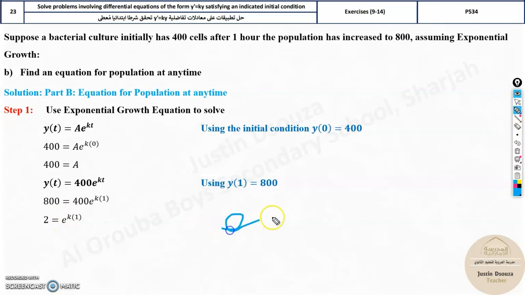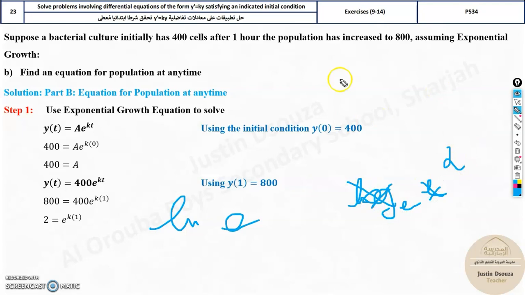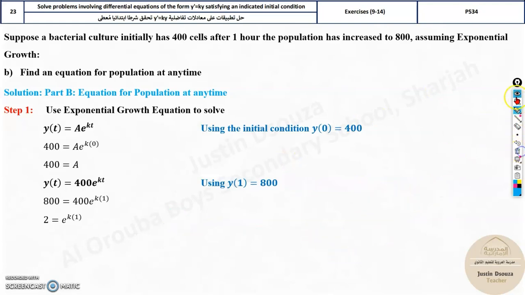How can you remove the exponential function? Take natural logarithm, because natural logarithm is having base e, and whenever you have something like this, we know from natural logarithm properties, whatever is the power comes over here, and this cancels off. So over here we can just take natural logarithm on both the sides, and what is remaining, it will become natural logarithm 2.